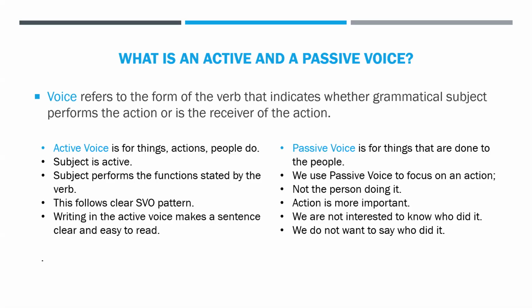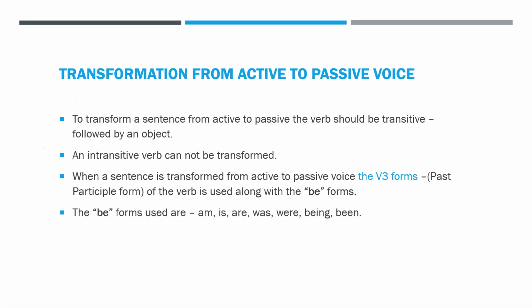Action becomes more important. We are not interested to know who did it. That is immaterial. The focus is completely on the action. And if you do not want to say who did it, you'll just say it was done. You can also use such sentences in the passive voice.